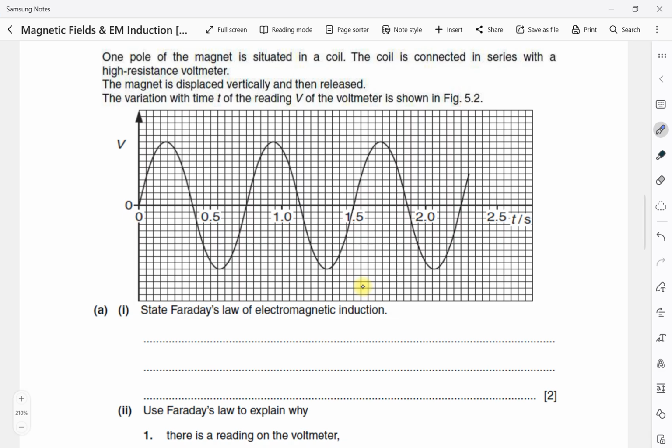Faraday's law deals with the magnitude of the induced EMF, which is directly proportional to the rate of change of magnetic flux linkage.